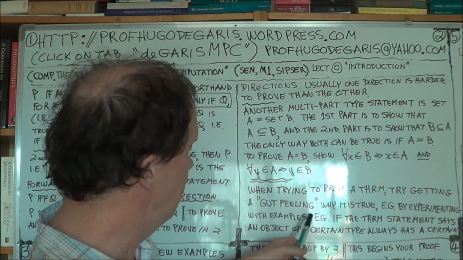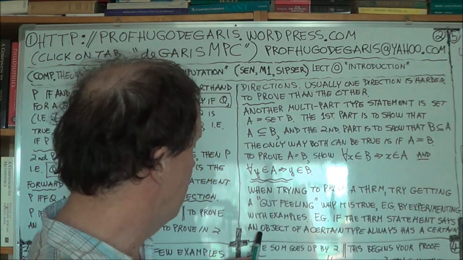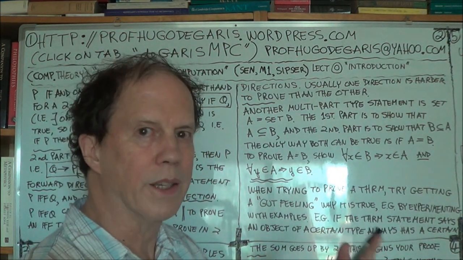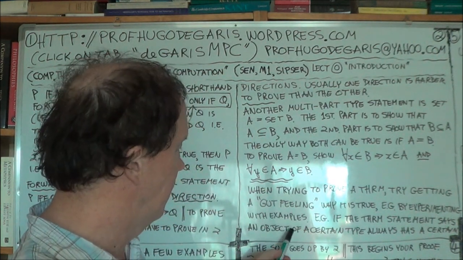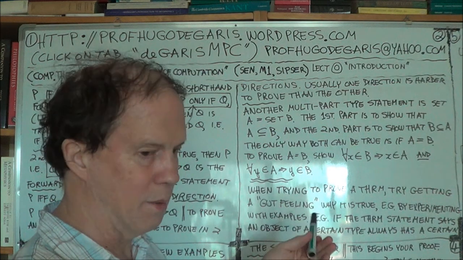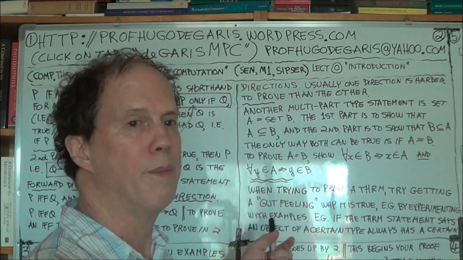Typically a theorem statement will say that some object, some mathematical entity, whatever it is, I'm being deliberately vague here, but last time I mentioned the object would be, as an example, a prime number.